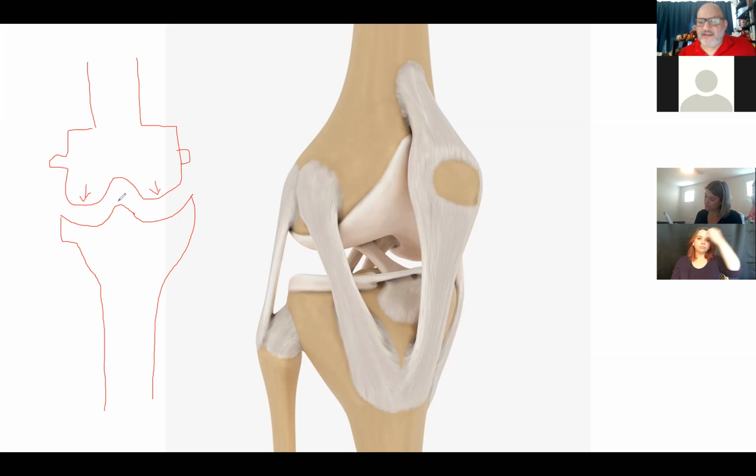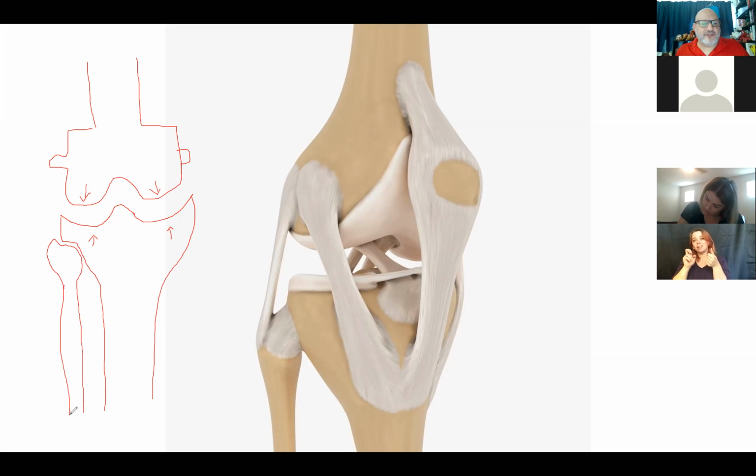So notice in this case, the knee joint is just formed by the medial condyle of the femur, the medial condyle of the tibia, the lateral condyle of the femur, and the lateral condyle of the tibia. Notice, and this illustration shows it nicely, the fibula articulates up here underneath the lateral condyle of the tibia.